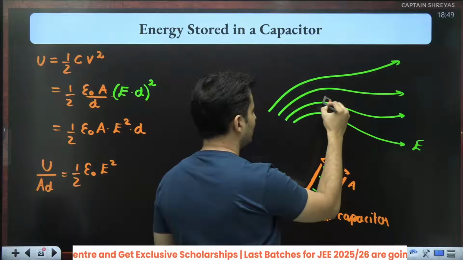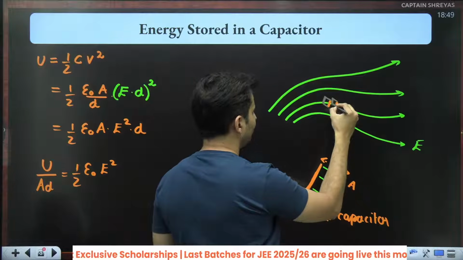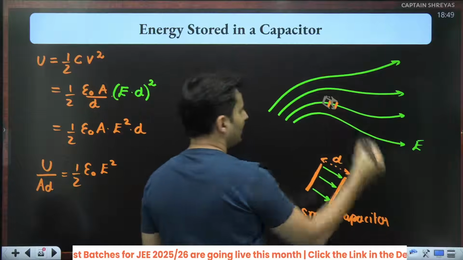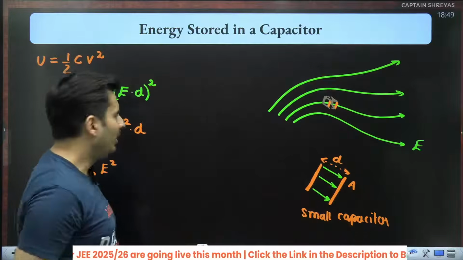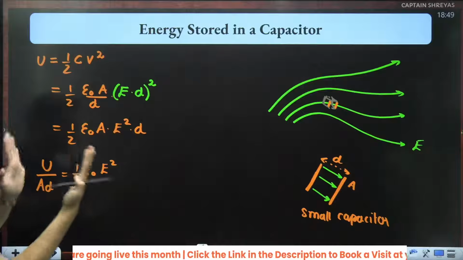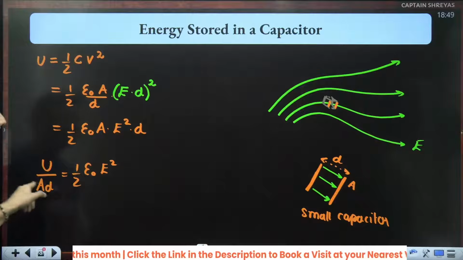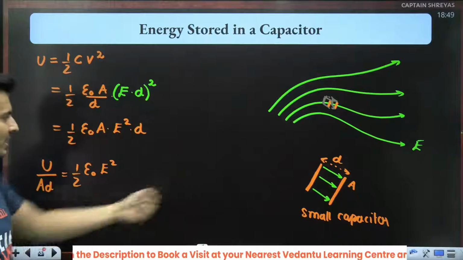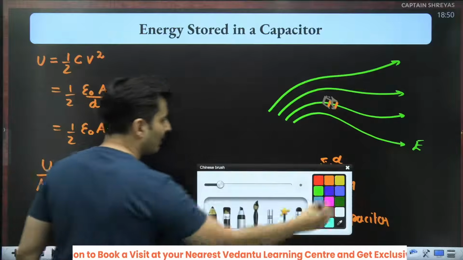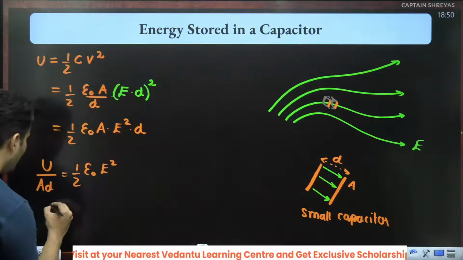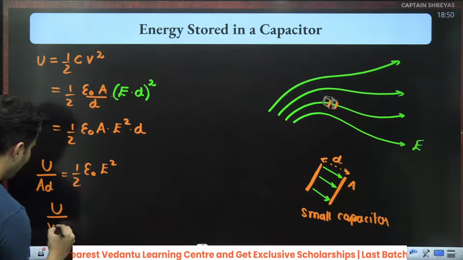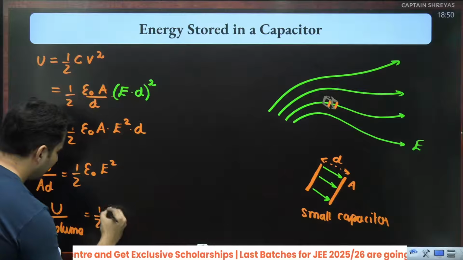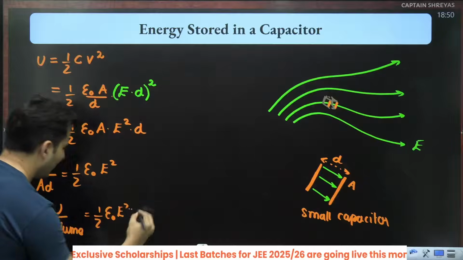This is like taking a small cube over here, separated by small amount, dx. Area of the sides is A. A into D, area into distance, is the volume of that small element which I have chosen. So U divided by volume is half epsilon naught E square.